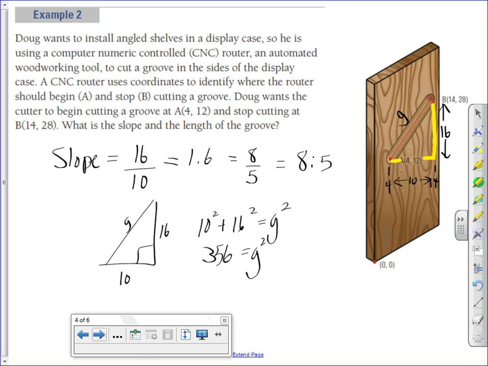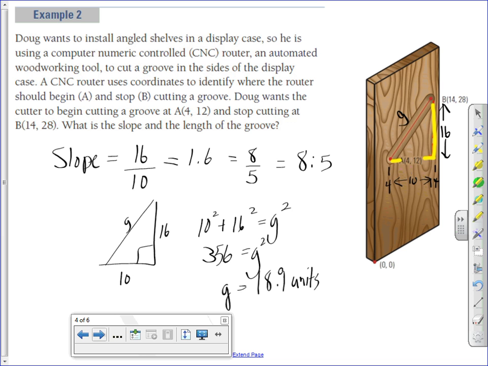We're not told how accurately to state it, so I'm going to round to 18.9. It doesn't look like we're told the units, so I would just have to put units. We don't know if it's centimeters or inches or what it is measured in.